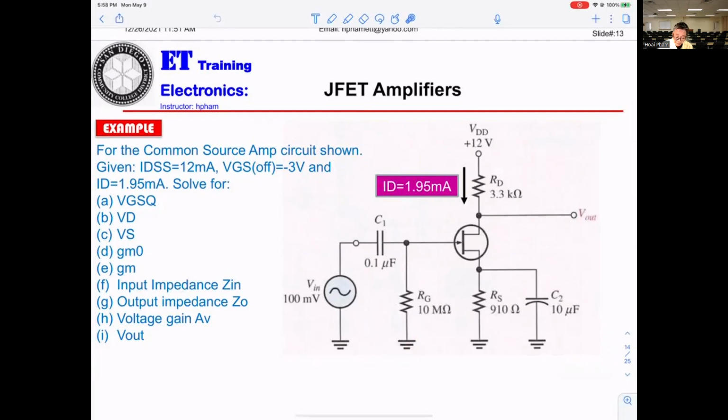ID equals 1.95 milliamp. VGSQ, that means, what does VGSQ equal?